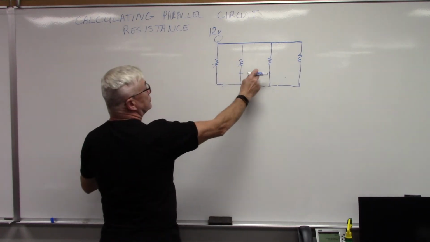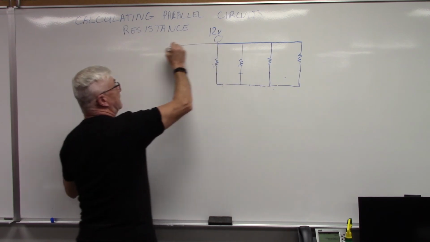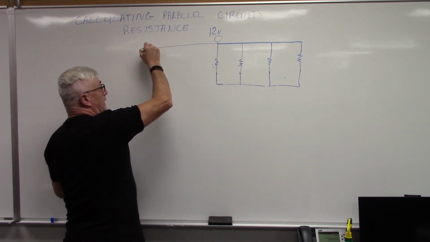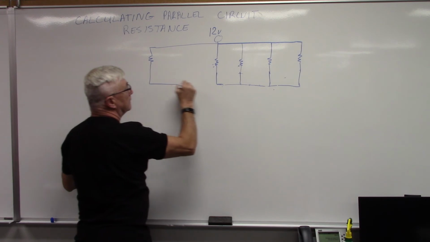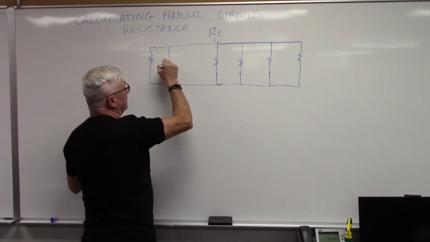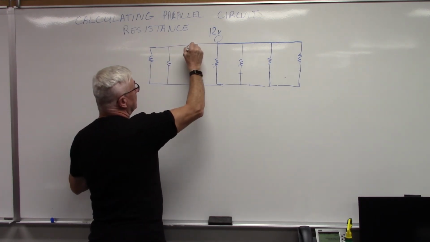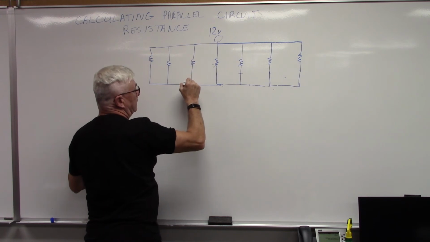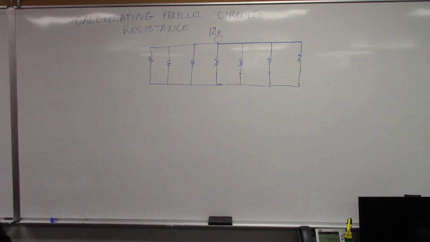All right. So currently we have 4 resistors in that circuit. We're going to add 4 more. All right. Now, get my cheat. All right.